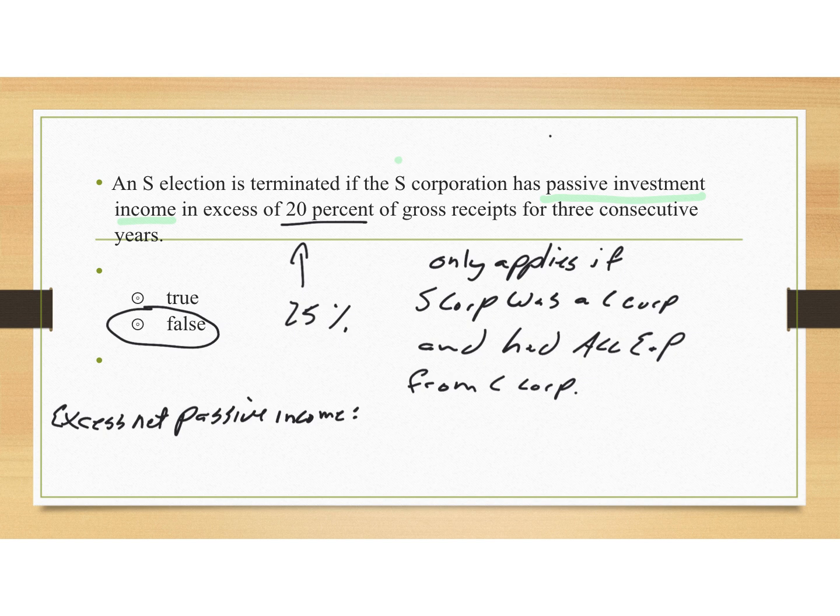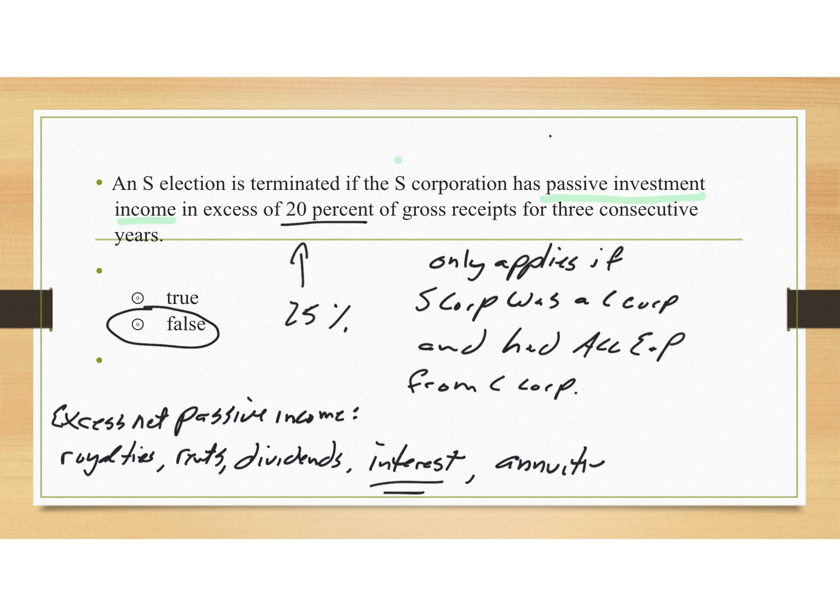So it includes royalties, rents, dividends, interest, and this includes tax-exempt interest as well as annuities. Okay?